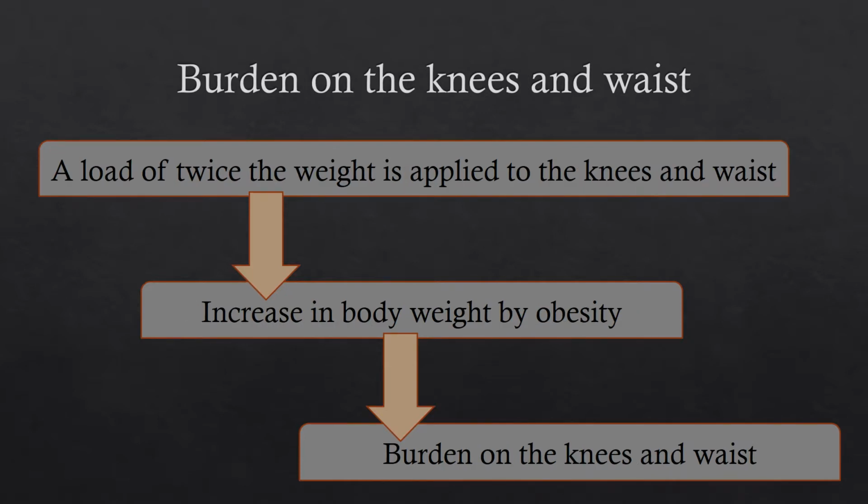Second, I will describe burden on the knees and waist. As a premise, a load twice the weight is applied to the knees and waist. Thinking this way, increased body weight from obesity puts a burden on the knees and waist.